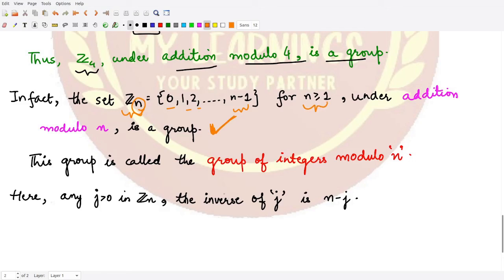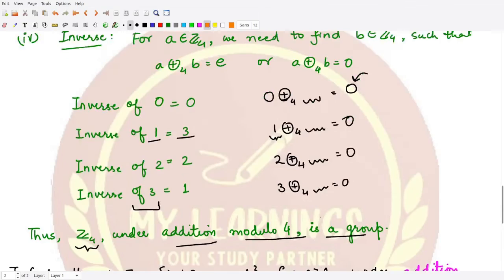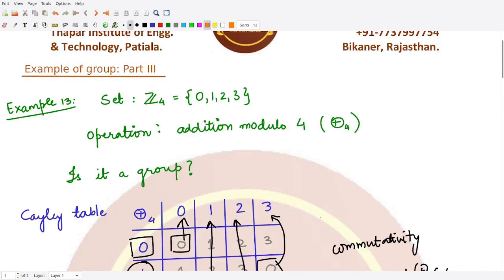So this group is called the group of integers modulo n, right? And for this particular group, when we have j greater than 0 in the set of integers, the inverse of j exists and it is equal to n minus j, right? So this is the result and this is the example corresponding to group.